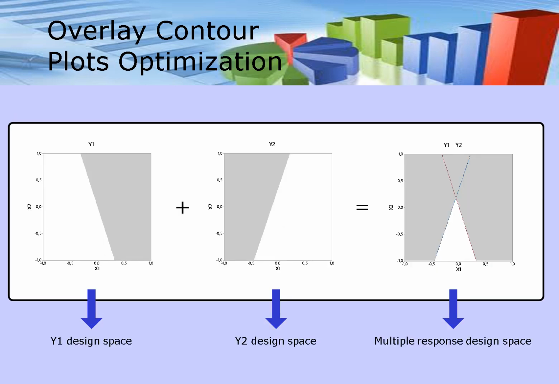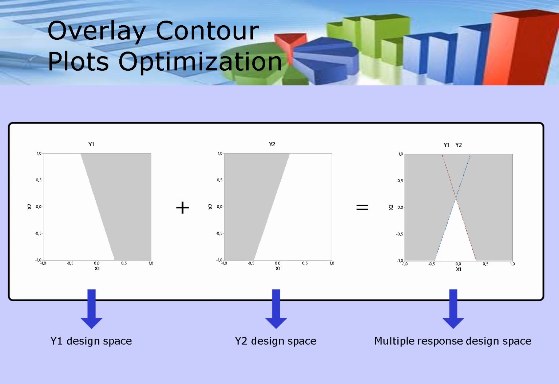Alternatively, a multiple response optimization may be achieved using an overlapped contour plot. The white region of the first plot defines the space region that complies with epsilon 1 response. Moreover, the white region of the second plot defines the space region that complies with epsilon 2 response.